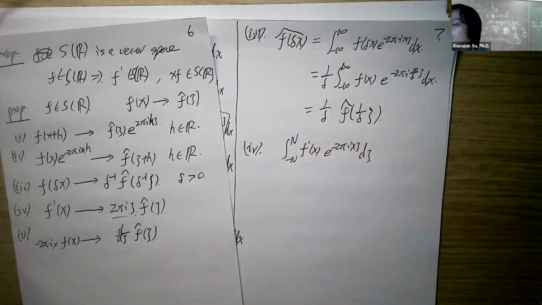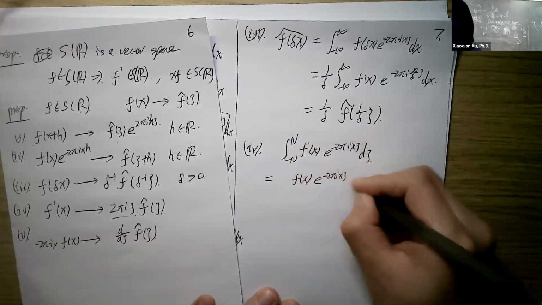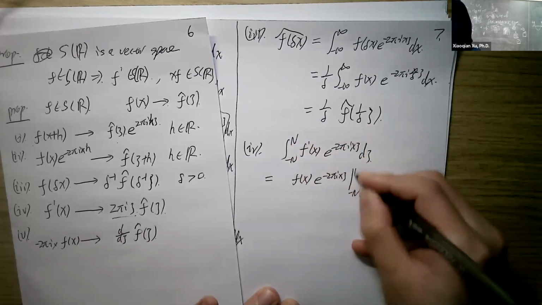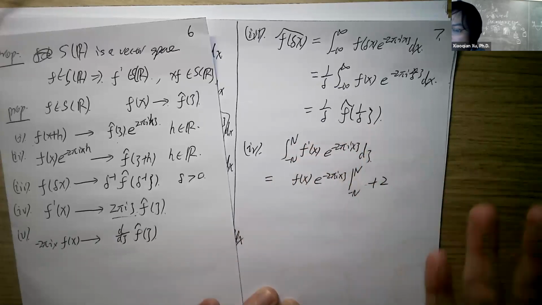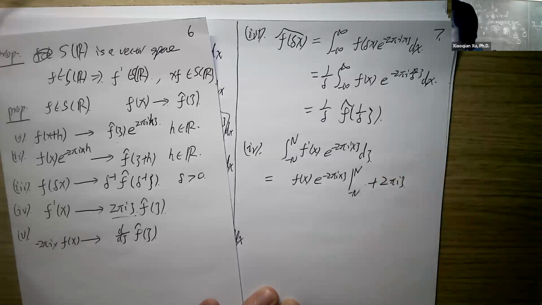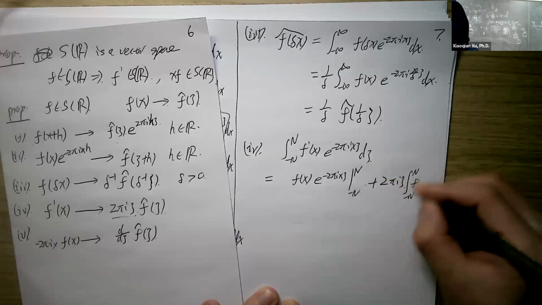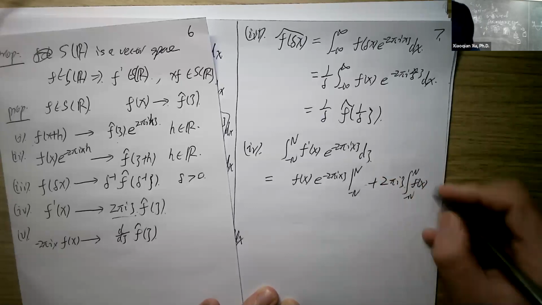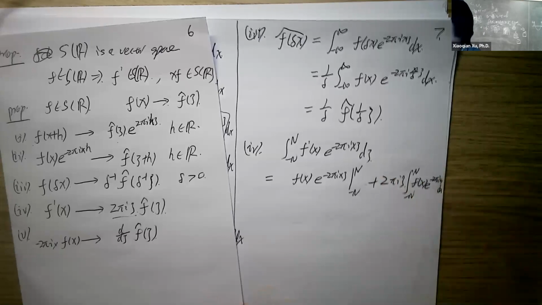And let's see what it is. This would be f(x) e to the minus 2 pi i x xi evaluated from minus N to N, okay? Plus, if you do the integration by parts, it's plus 2 pi i xi times the integral from minus N to N of f(x) e to the minus 2 pi i x xi dx.